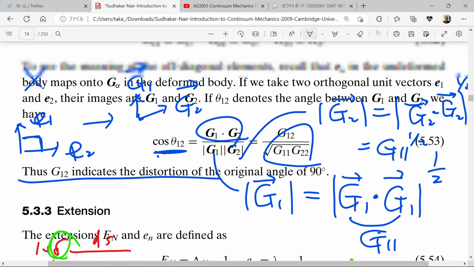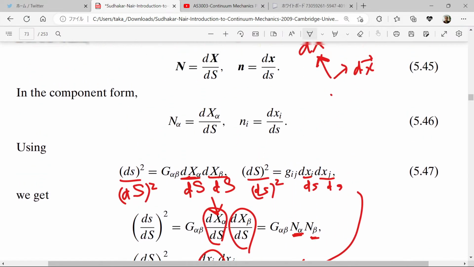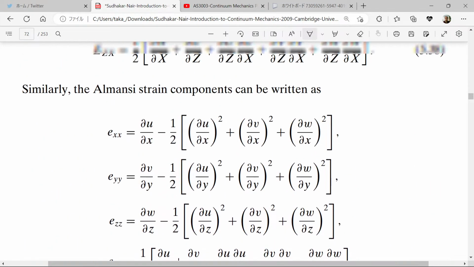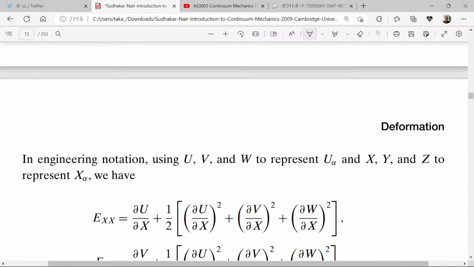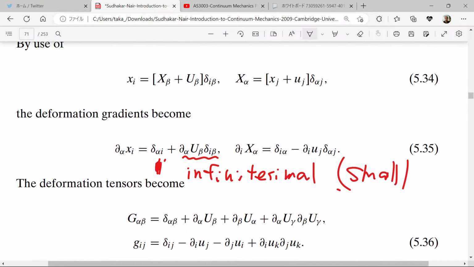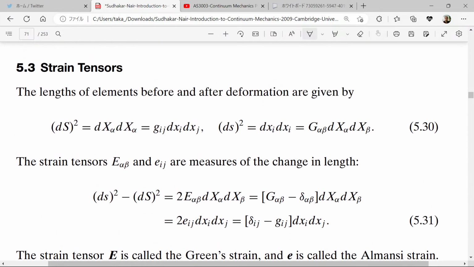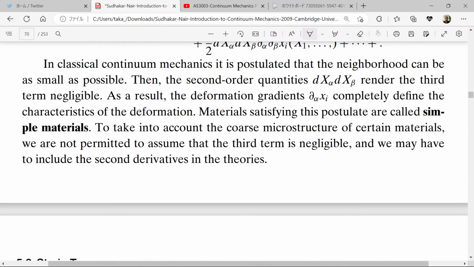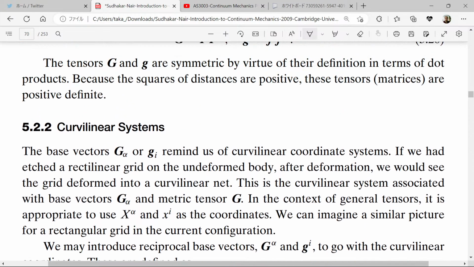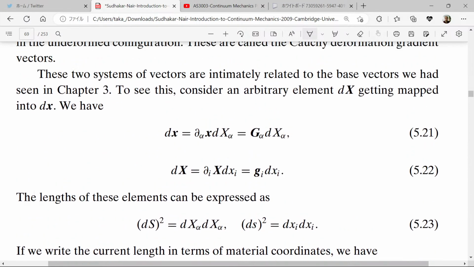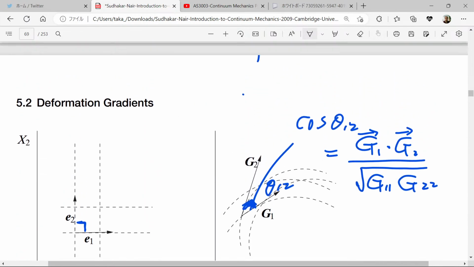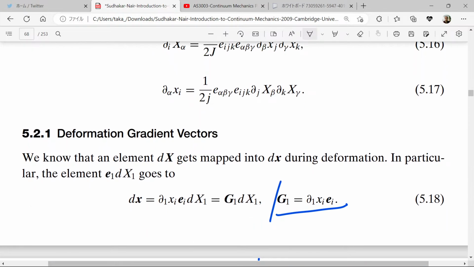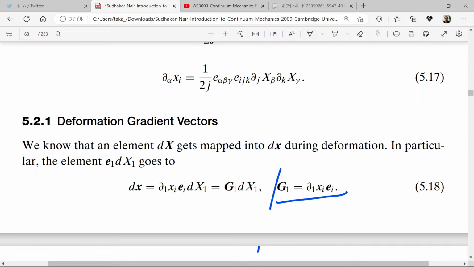Am I correct? E is called strain. Strain tensors with deformation, deformation gradient vectors.